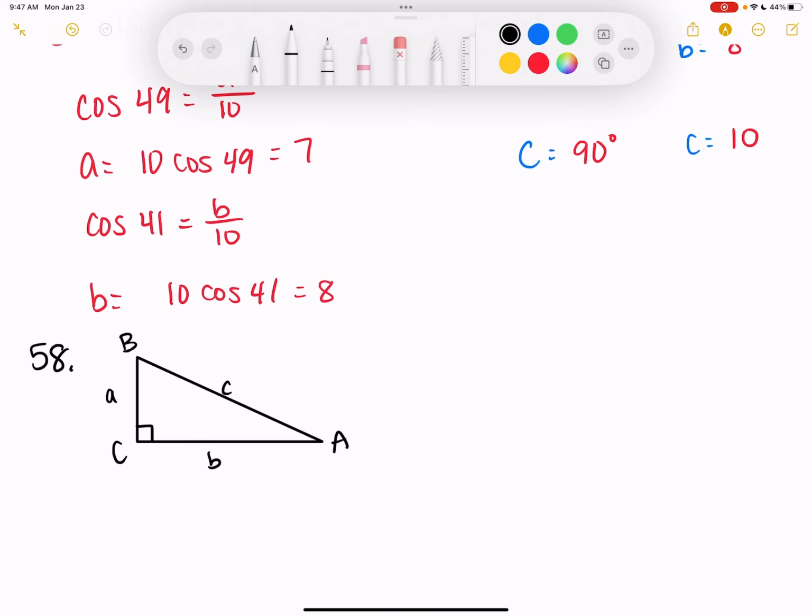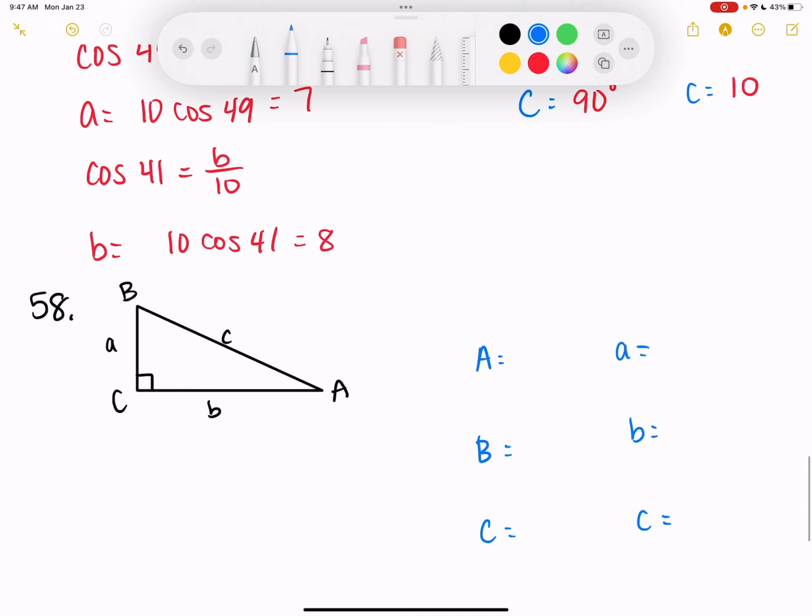All right, and then I'm going to set up my pieces over here. So they tell us that side A is 5 and angle B is 59 degrees. Now, we said last time we know angle C because it's given to us in the picture is 90 degrees.